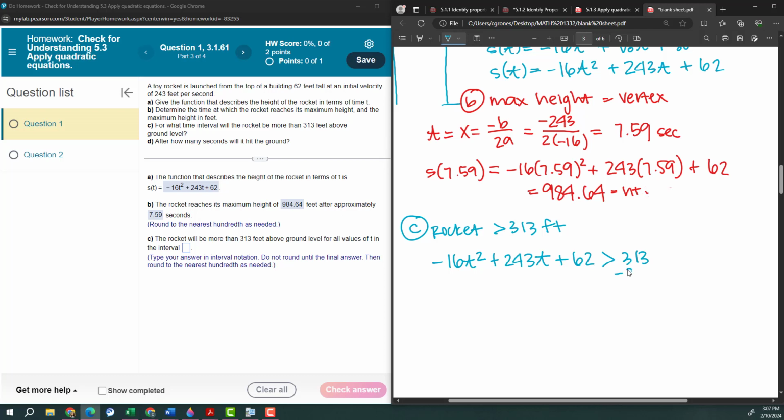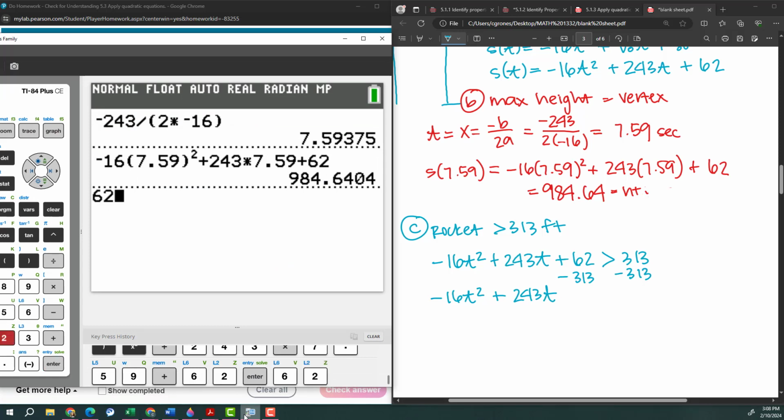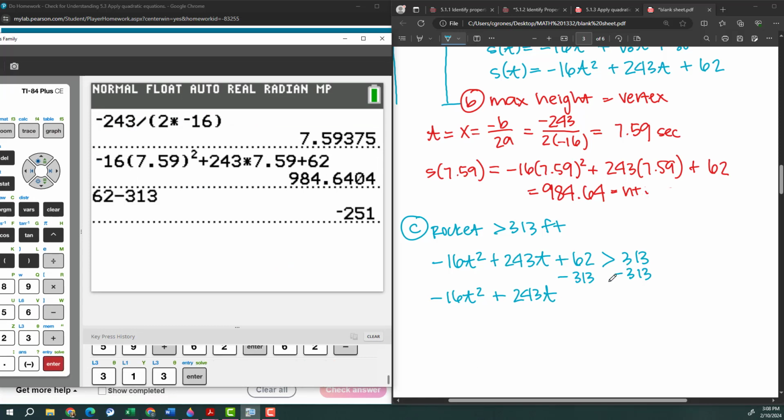So we need to move 313 over, and we want to have this greater than 0. So negative 16 t squared plus 243 t, and then 62 minus 313 gives us negative 251, is greater than 0. I can now use our quadratic formula to solve for t.